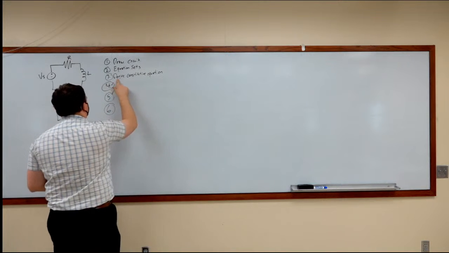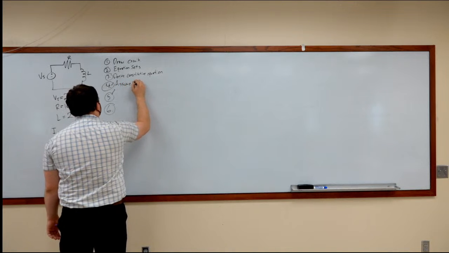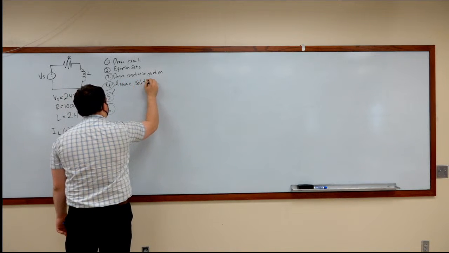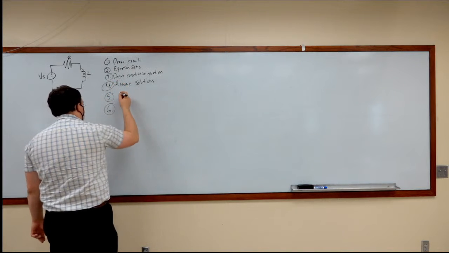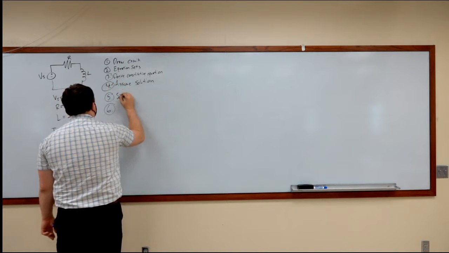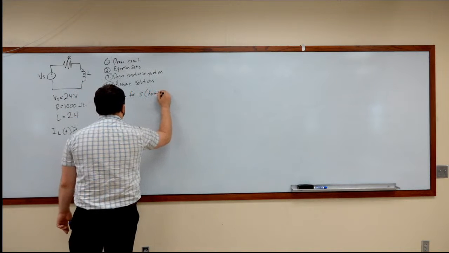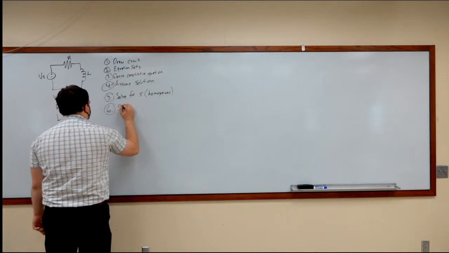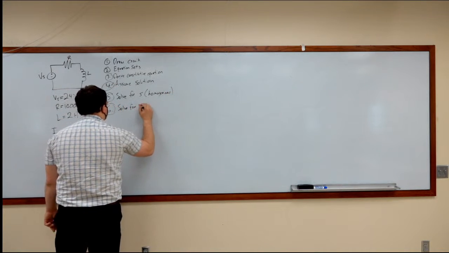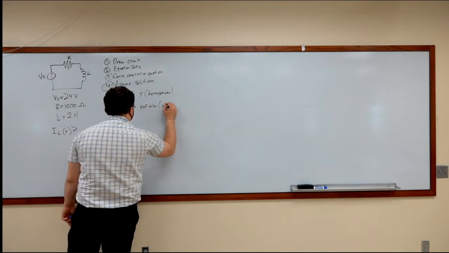Okay. Step 4 is assume a solution. I should really bring my notes. Step 5 is solve for S, homogeneous. Step 6, solve for particular, which is non-homogeneous.